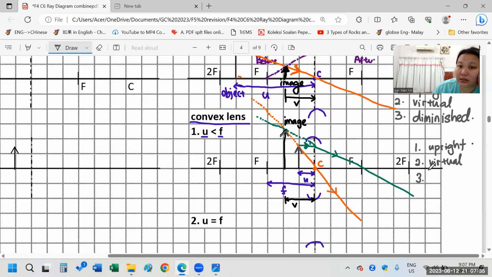Now, how about the size? Is the image bigger or smaller than the object? This is image. This is object. Which one is bigger? Image is bigger. So now the image is magnified.